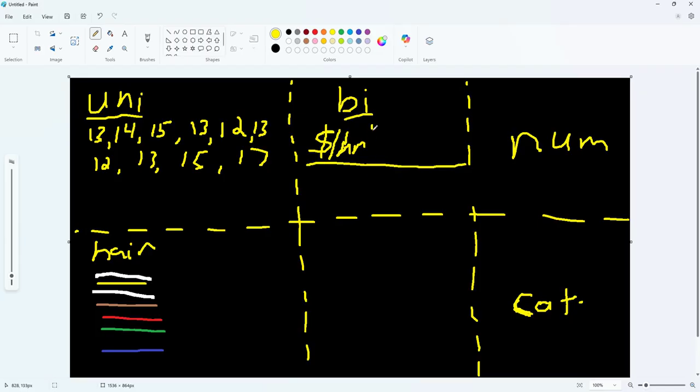The month would be 1, 2, 3, 4, and then these would be the different pay rates that you earned.